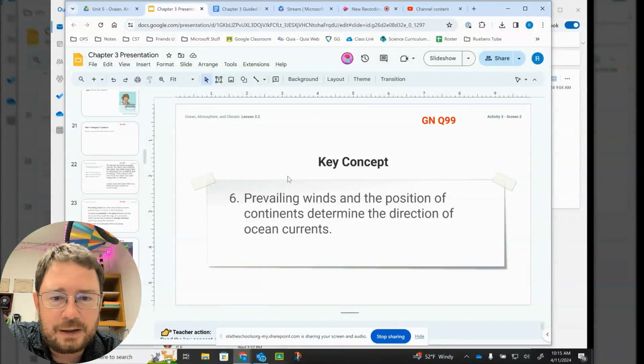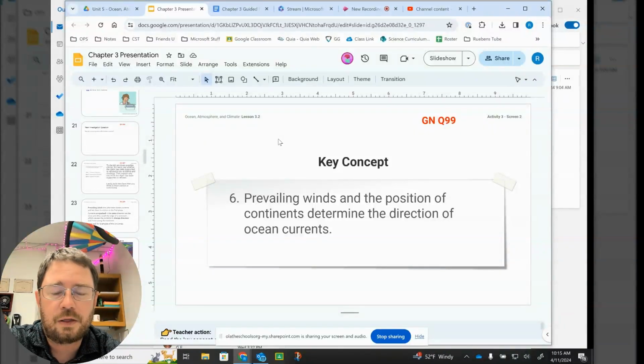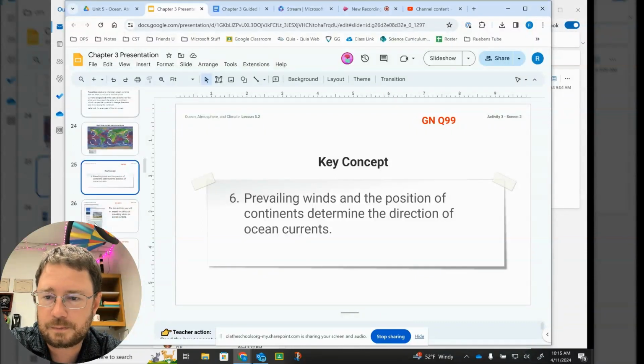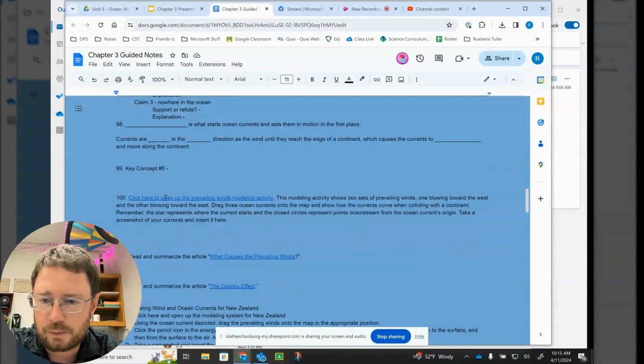Question 99 is key concept number 6. So copy this down. Prevailing winds and the position of the continent determine the direction of ocean currents. Copy this down. Okay, question 100. For this activity, you will model the effects of prevailing wind currents. So it says click here to open the prevailing modeling activity.